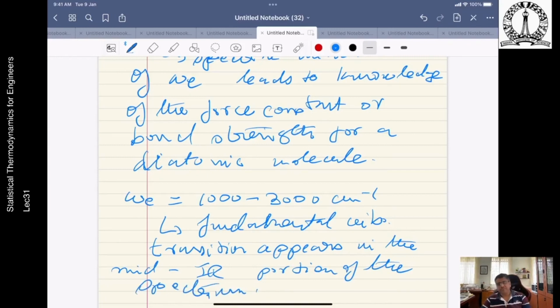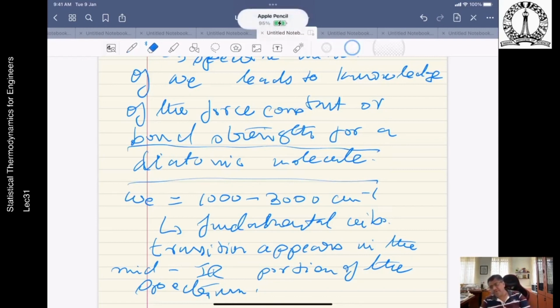We'll see a little bit more on why vibration also means rotation. In the next class we will see how vibration and rotation actually coexist, and that will be the subject of the next lecture.